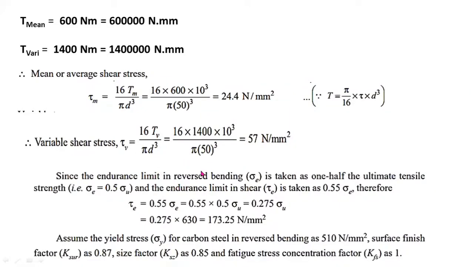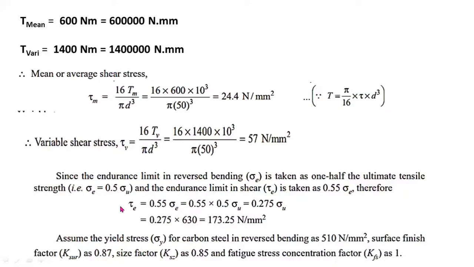From the given question, if any other data is not mentioned and you want to take any data, use these empirical formulas. Endurance shear stress equals 0.55 times the endurance limit. Again, the endurance limit equals 0.5 times the ultimate stress.